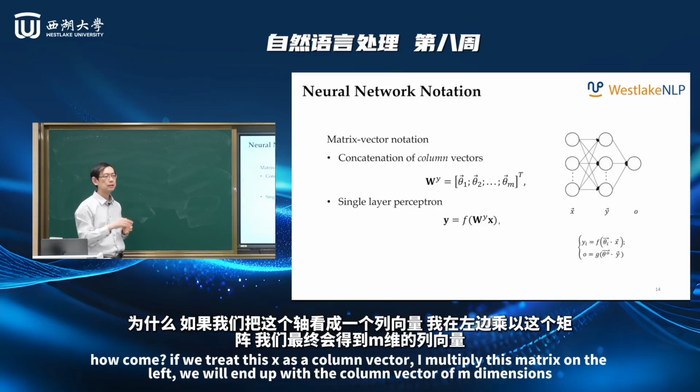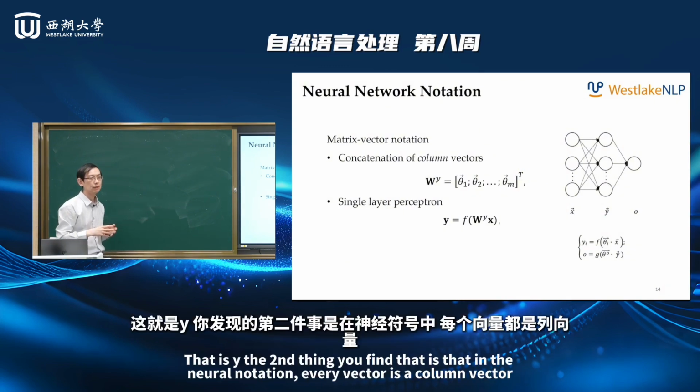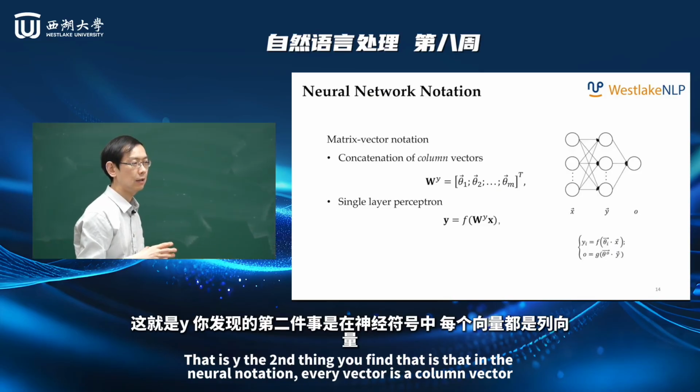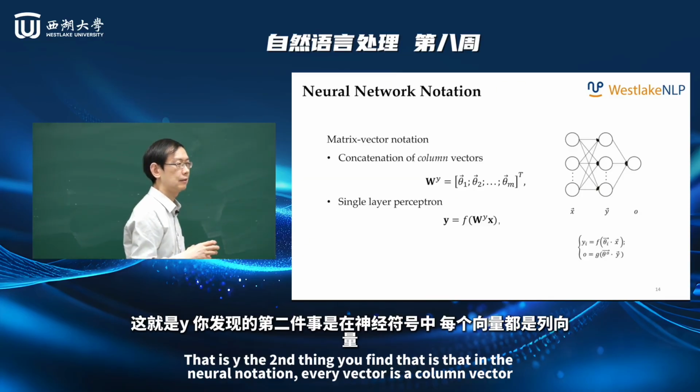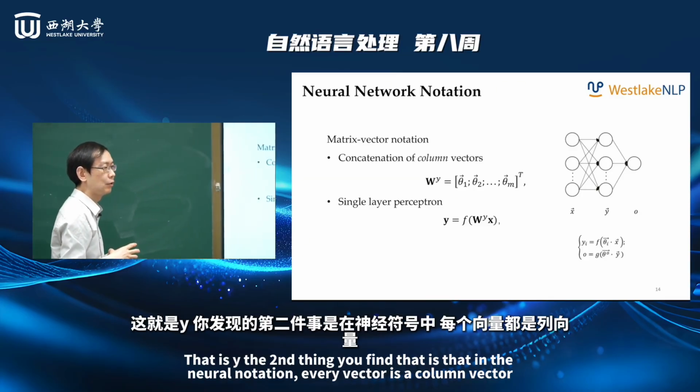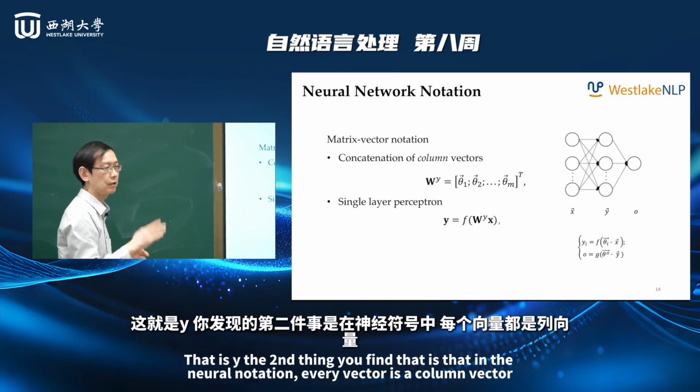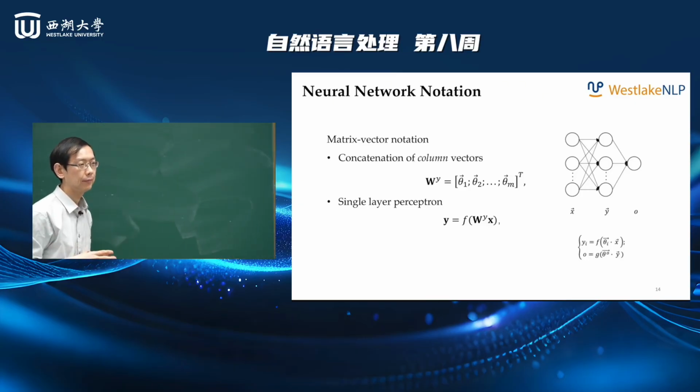If we treat this x as a column vector and we multiply this matrix on the left, we will end up with a column vector of M dimensions. That is y. The second thing you find is that in the neural notation, every vector is a column vector.